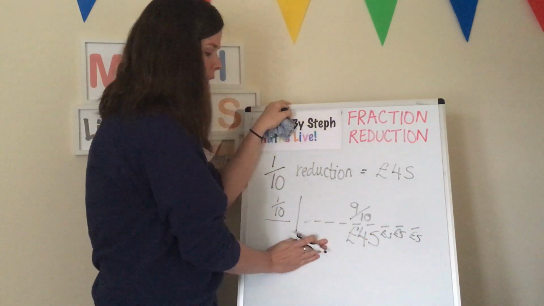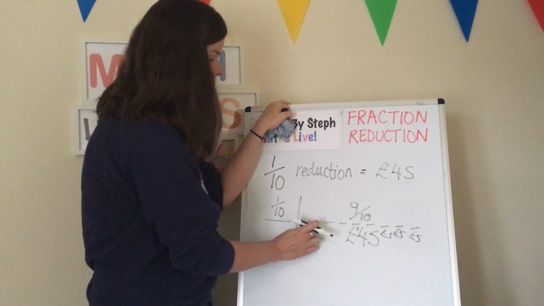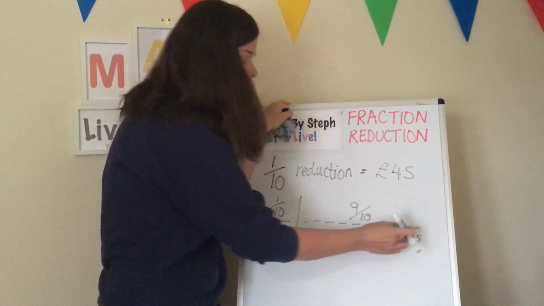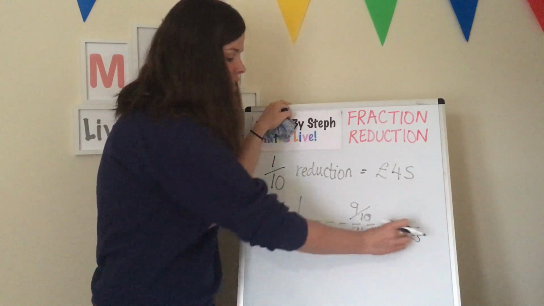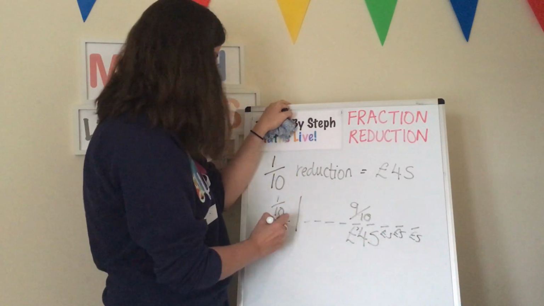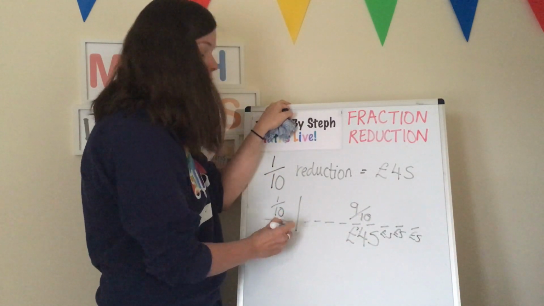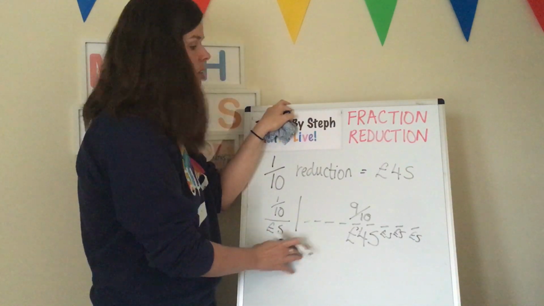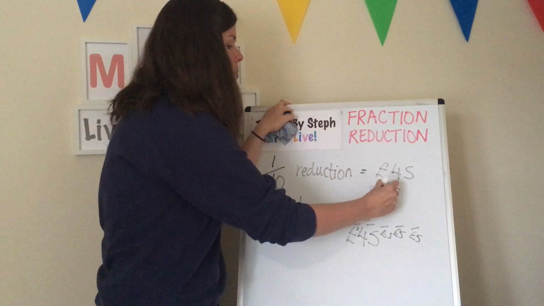You could do that all the way across: 5, 10, 15, 20, 25, 30, 35, 40, 45. That is telling us that each amount is 5. That means that 1/10 must have also been 5. So you've saved £5.